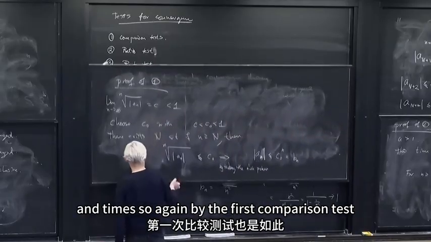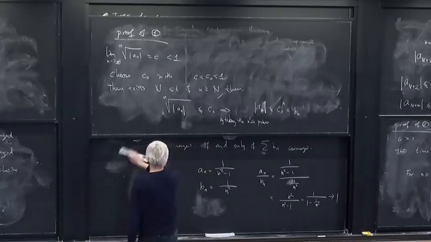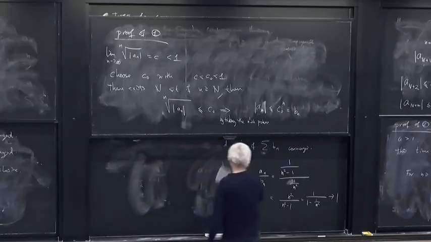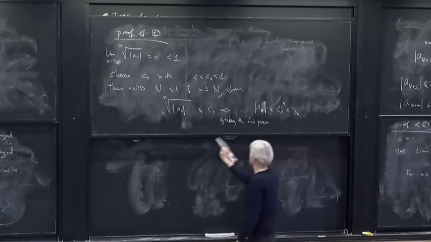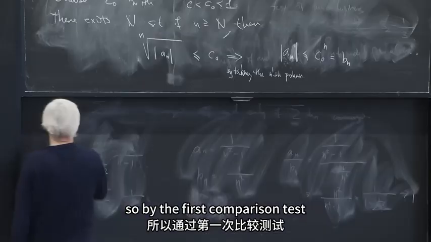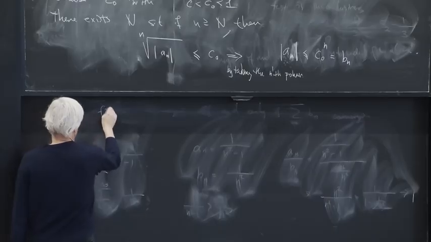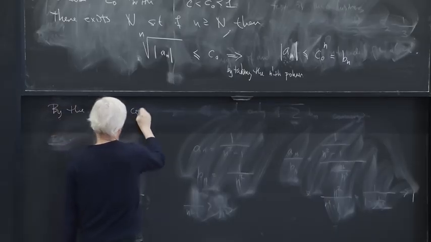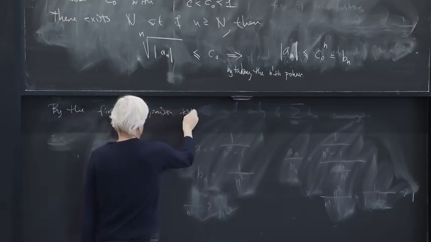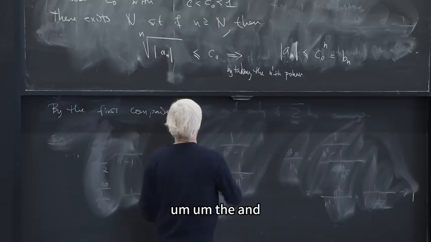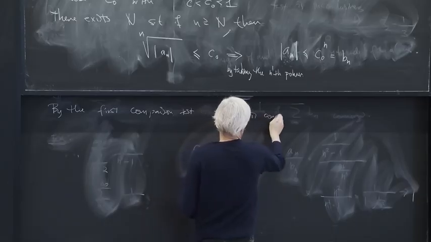So again, by the first comparison test, the series of absolute values of a_n is convergent.